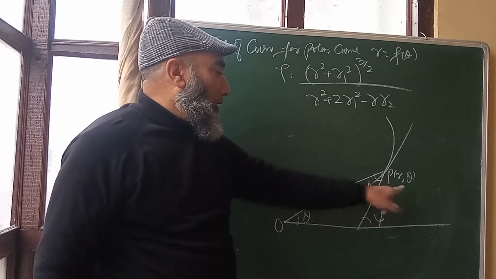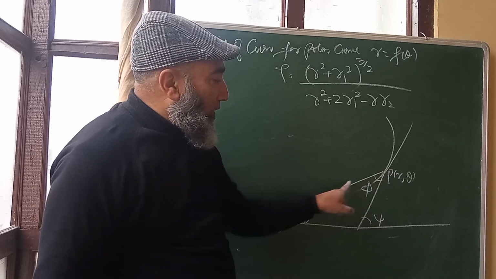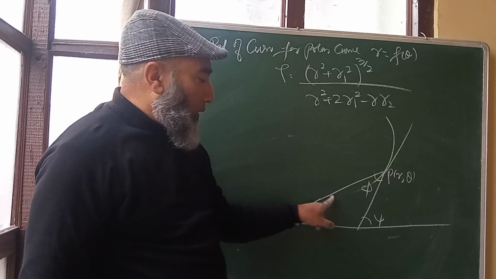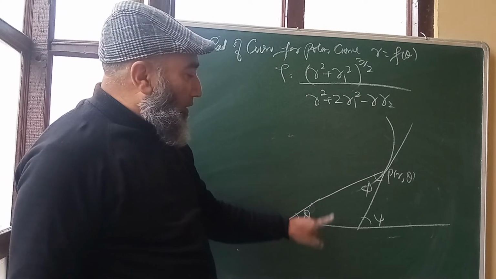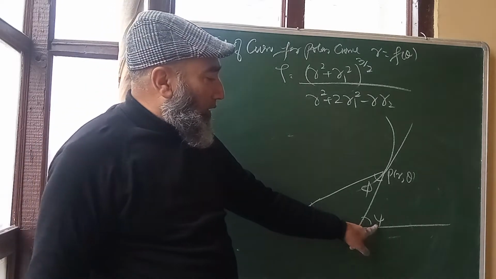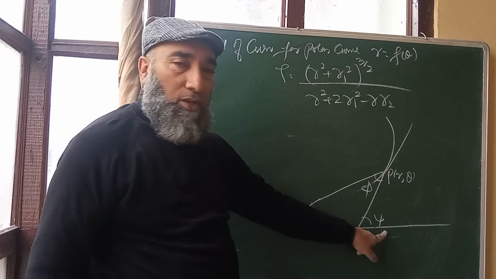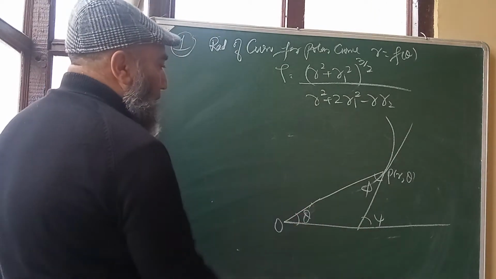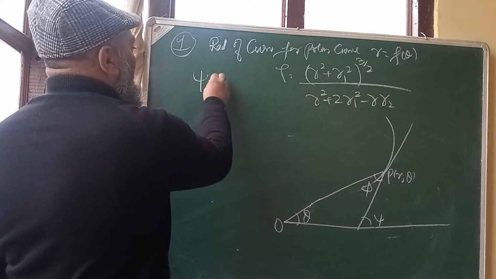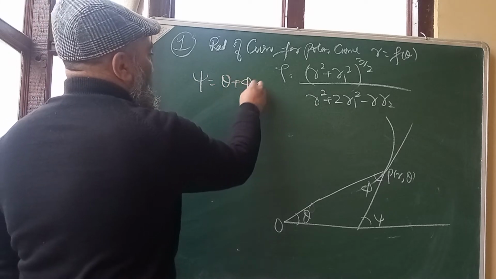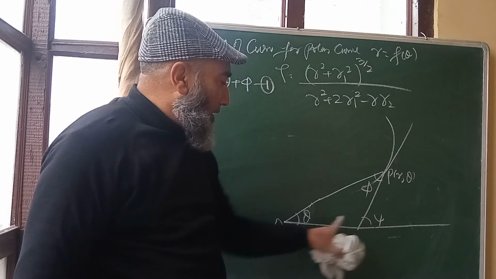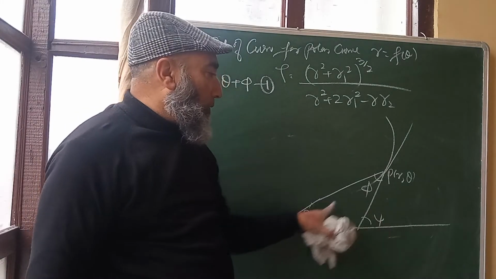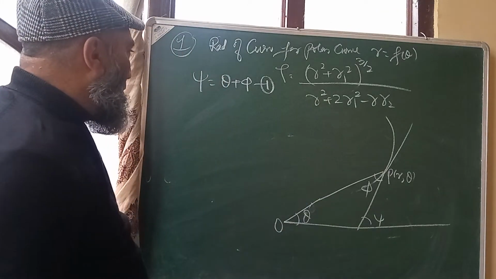Tangent, normal. P(r, theta). This is the angle phi, the angle between tangent and radius vector. This is theta, the angle between radius vector and initial axis. And obviously this is psi, the angle the tangent makes with the initial axis. Obviously we have psi equal to theta plus phi, right? Obvious. Psi is equal to theta plus phi: exterior angle is the sum of the two interior opposite angles.